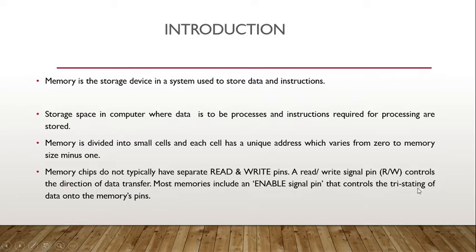Tri-stating is a high impedance state, that is it allows an output pin to assume a high impedance state, effectively removing the output from the circuit, in addition to the logic 1 and 0 levels. So we can have sharing, that is multiple circuits can share the same output line. That is why most memories include an enable signal pin.